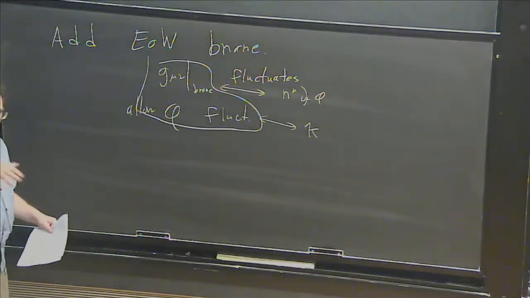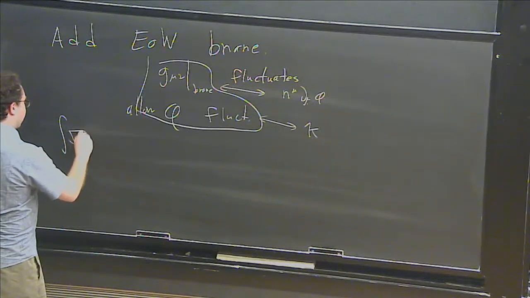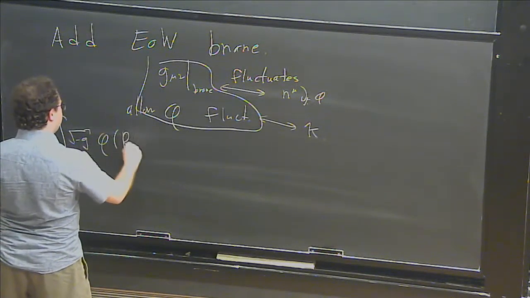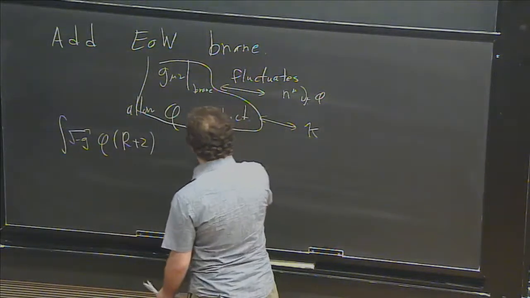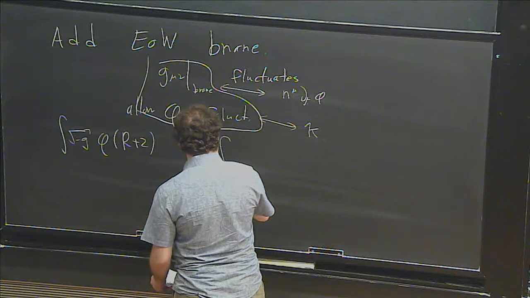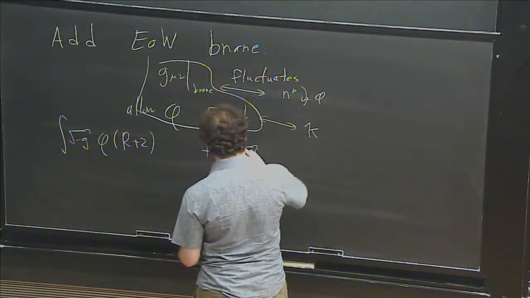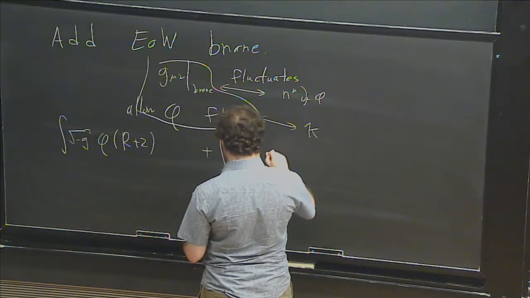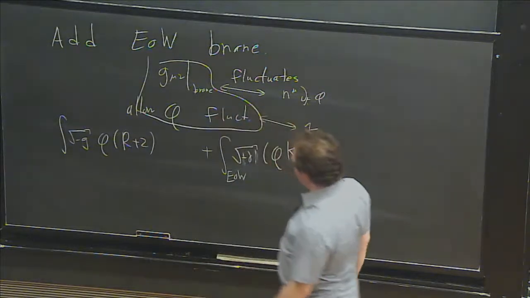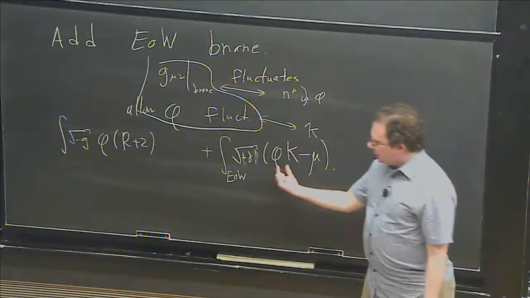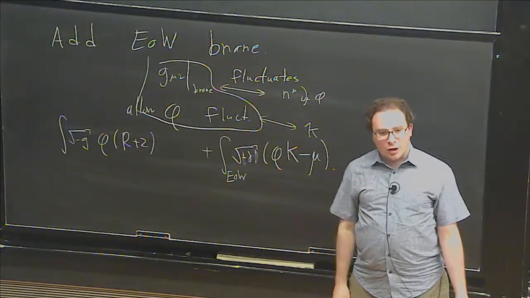Well, we could take the same JT action. The bulk part of the action, remember, was this. And now on the location of the end-of-the-world brane, we're going to add a boundary term of this type, where mu is a parameter. Okay, so the induced metric times phi times K is like the Gibbons-Hawking type term.